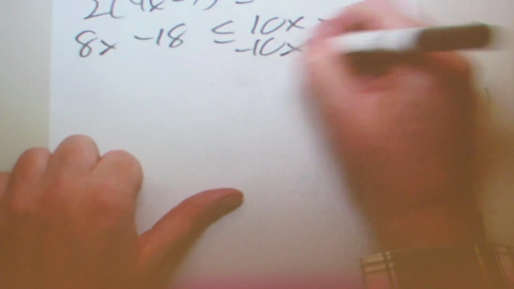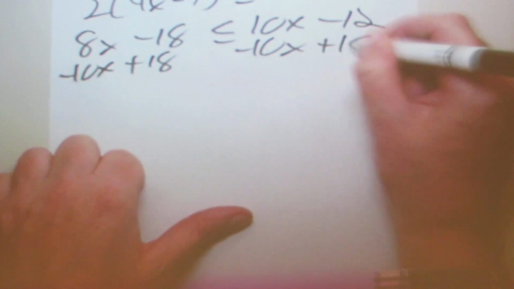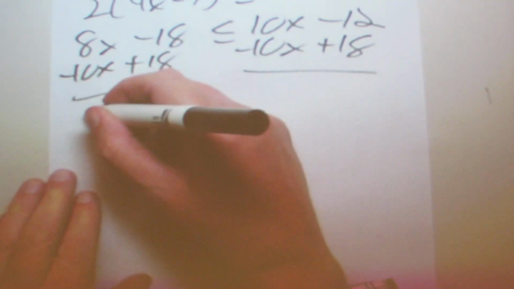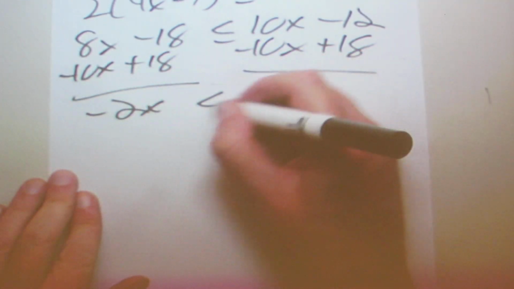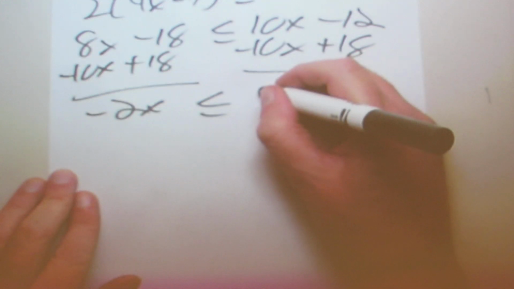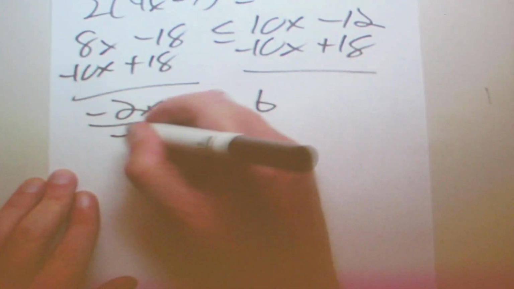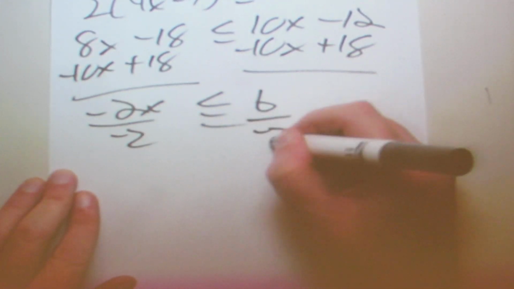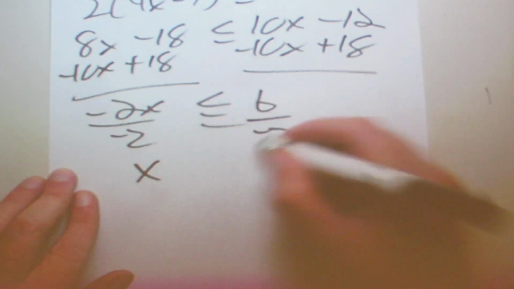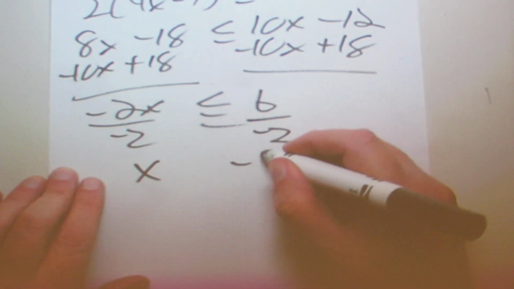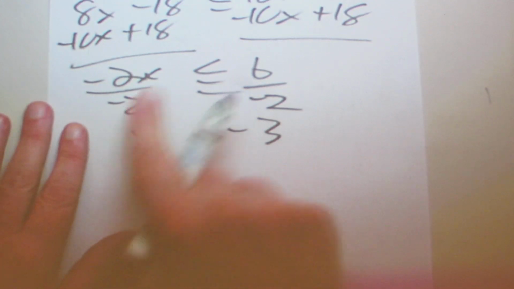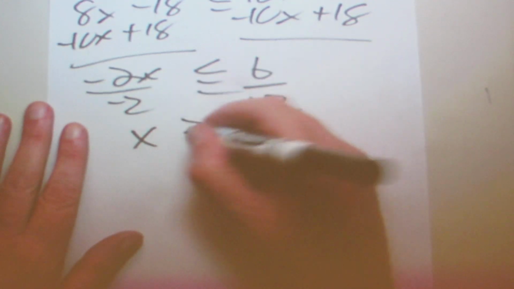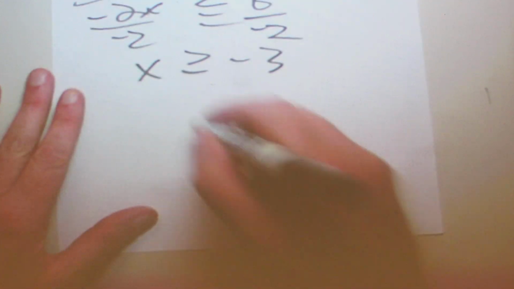So subtract 10x and add 18. We're going to get negative 2x less than or equal to 6. Divide both sides by negative 2. We're going to get x on this side, negative 3 on this side. Since we divided by a negative, we have to flip the sign so it becomes greater than or equal to.